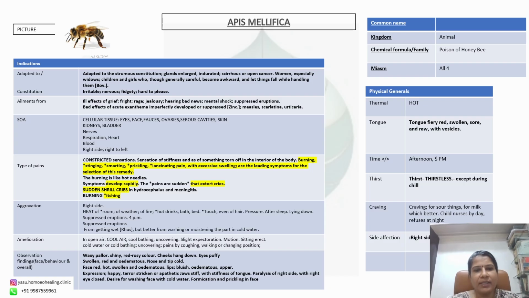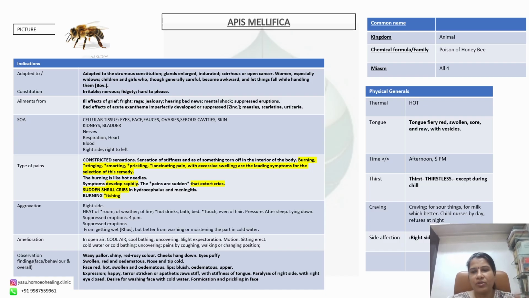It is a hot remedy, so aggravation from heat and amelioration from cold. Other amelioration factors are open air, cool bathing, uncovering, slight expectoration, motion, sitting erect, cold water and cold bathing, and pains are better by coughing, walking, or changing the position.